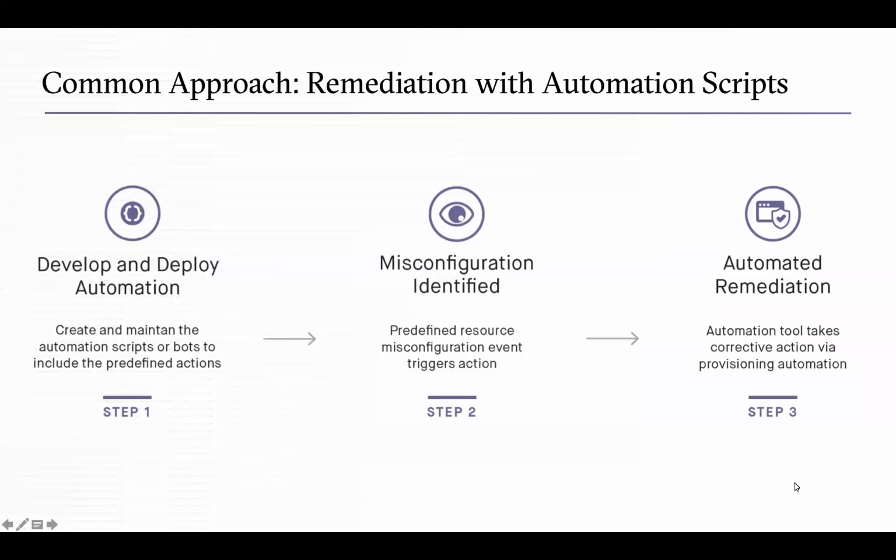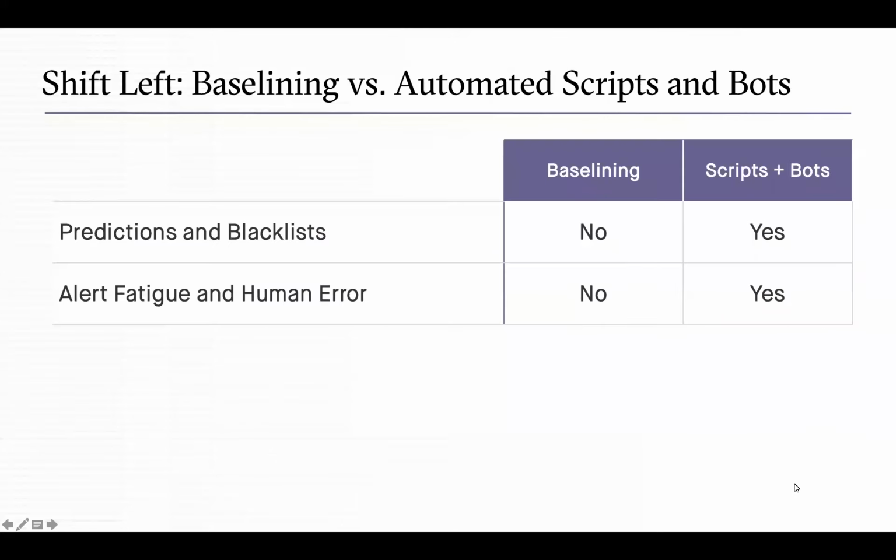So this approach is both incomplete, because you have to make predictions and write blacklists of everything that can go wrong, and it also misses a lot of things. So you end up with alert fatigue, and it can be very dangerous because if those scripts are imperfect, which they will be, they're not all that contextually aware, they can often cause problems in the operational infrastructure.